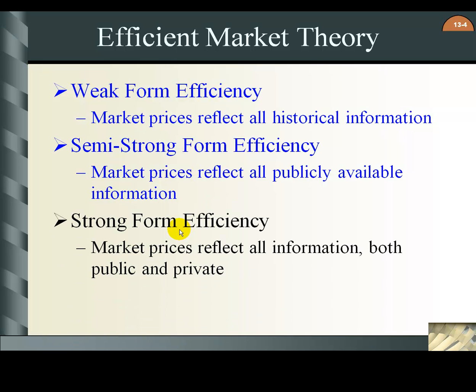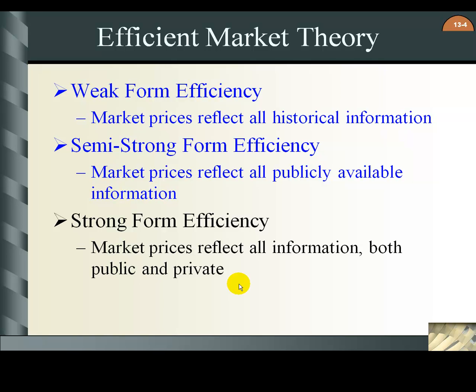And finally, we have the strong form efficiency. Market prices reflect all information, both public and private. So stock prices should reflect all information, public and private. Even something that the public doesn't know should be included in the stock price. Now, what do you mean by private information?